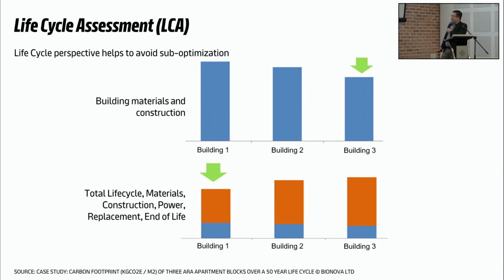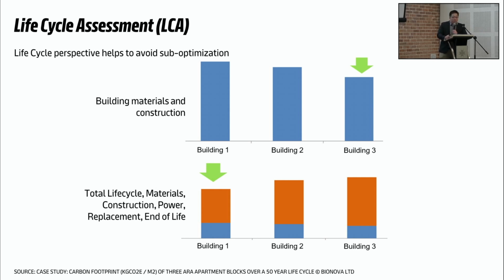Okay, now, a lot of the time when we just look at the building material, look at this. We have building 1, building 2, building 3 using different materials. It looks like based on the material that we use, building 3 is the best. It emits the least amount of carbon, right? If you just interpret from the surface, a bit more superficial part of the built material.